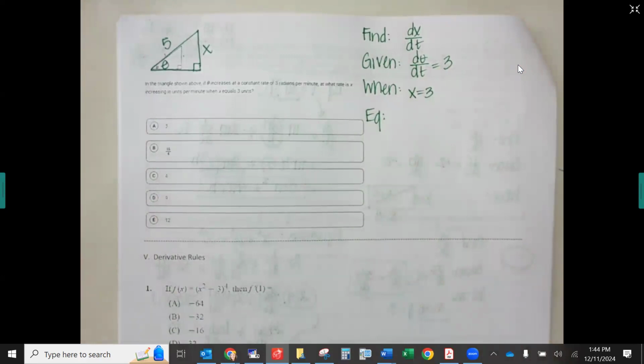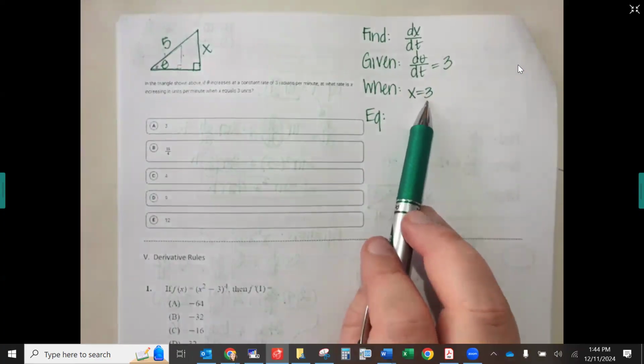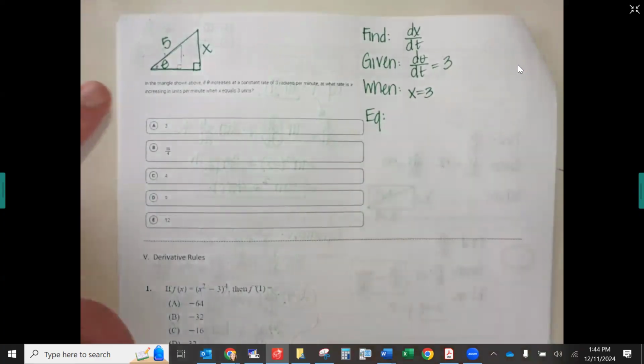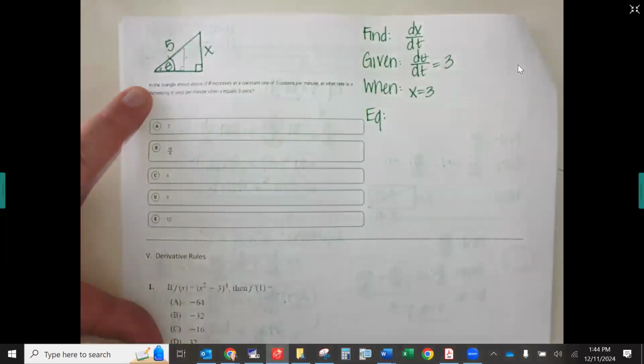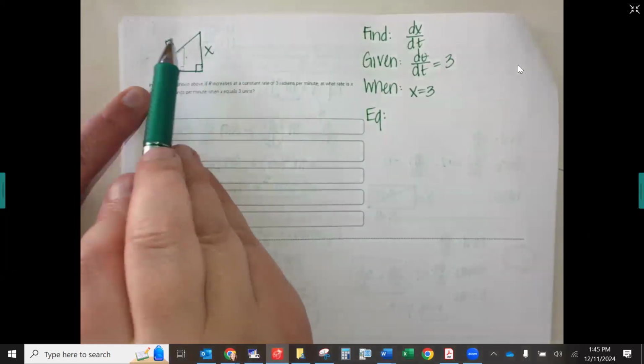Okay, now, when you set up your equation, you cannot plug in x equals 3 until after you've taken the derivative. Remember, if the side is changing, you need to use the letter, and then after you take the derivative, you can plug in this 3. So what equation will I use if this is my theta? Your choices are SOH, CAH, or TOA that will have these two sides in it.